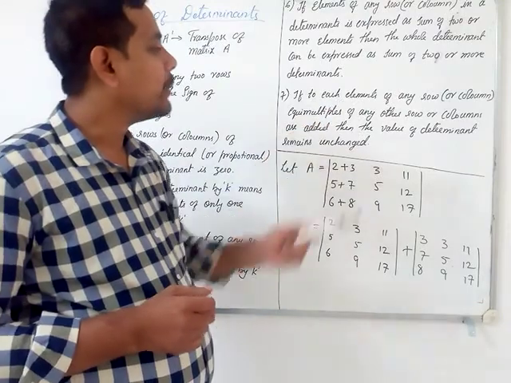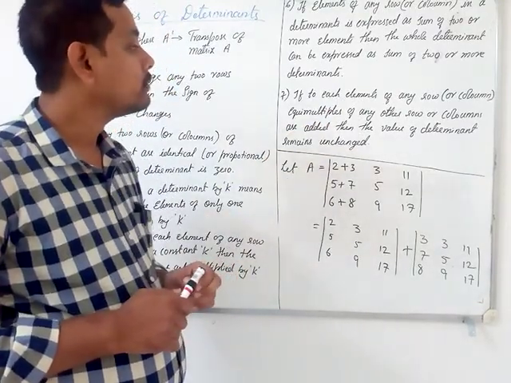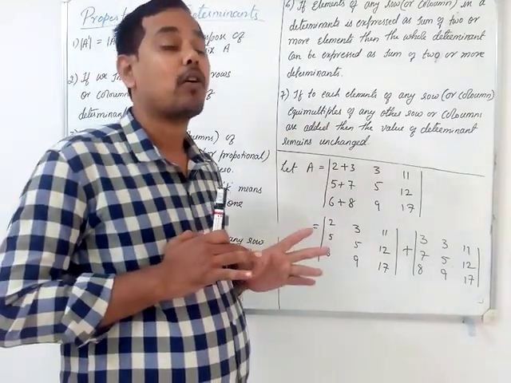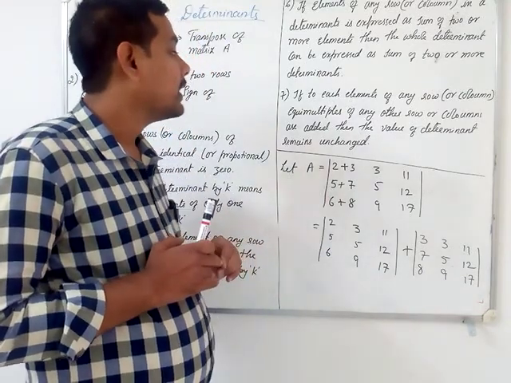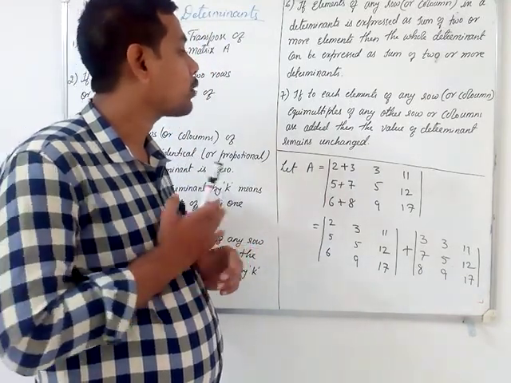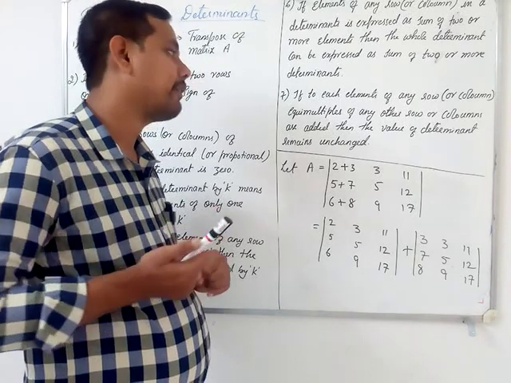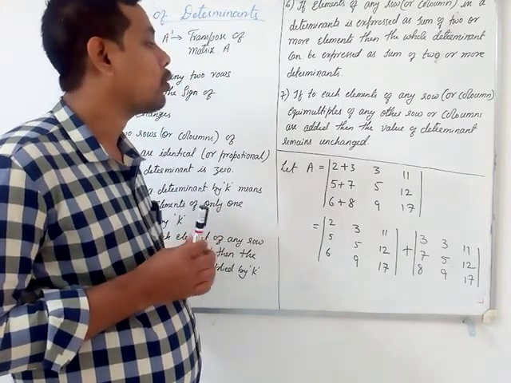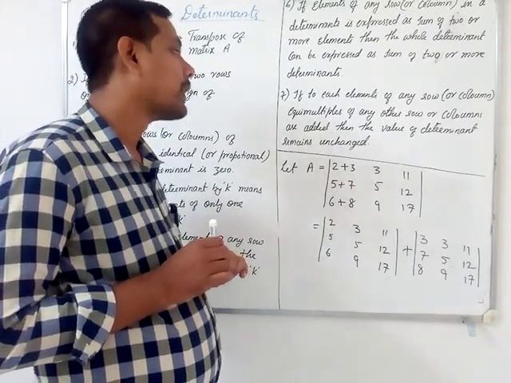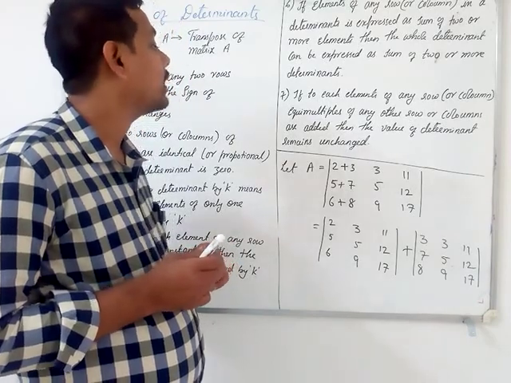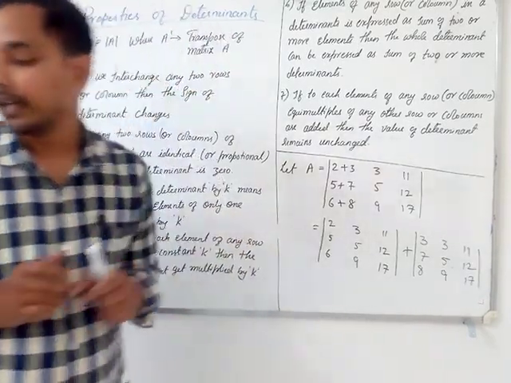If to each element of any row or column, equimultiples of any other row or column are added, then the value of the determinant remains unchanged.